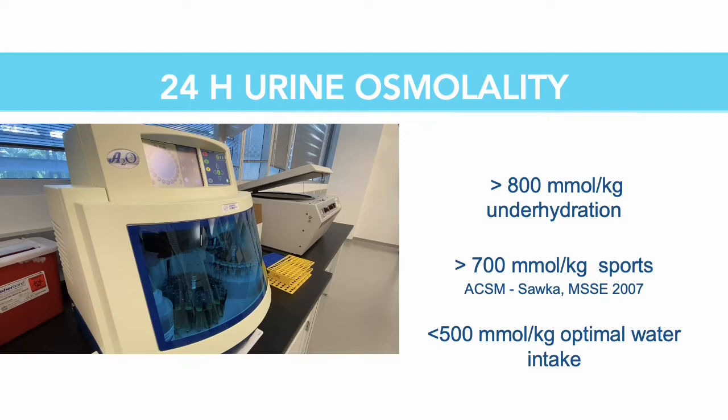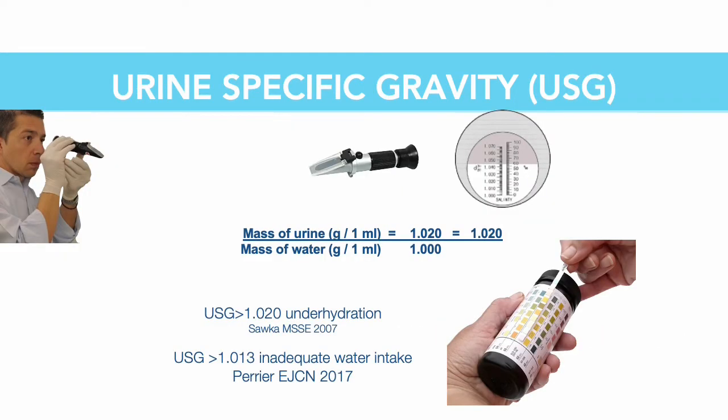One of the disadvantages of urine osmolality is that it requires expensive laboratory equipment. Probably for this reason, we have been using the assessment of urine-specific gravity more often, which is easier to assess.